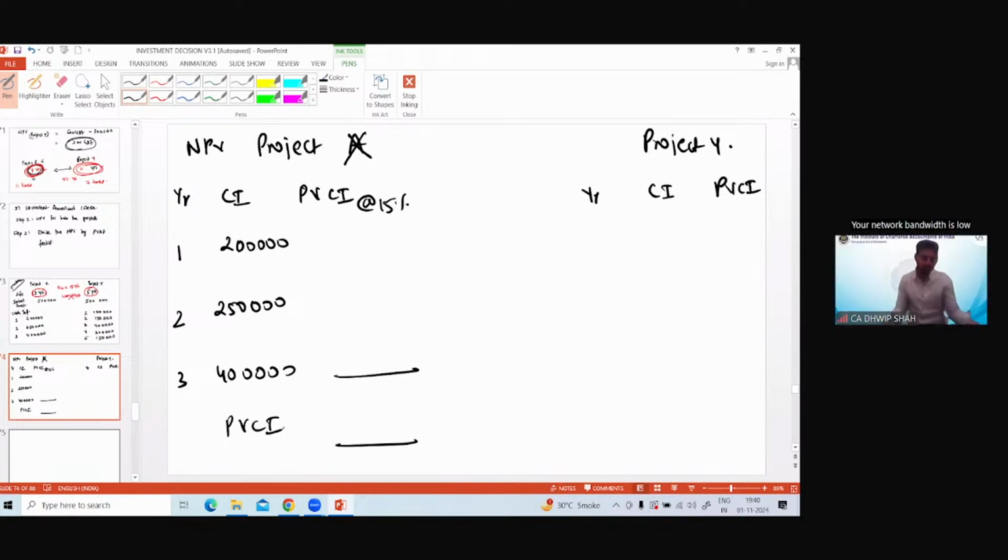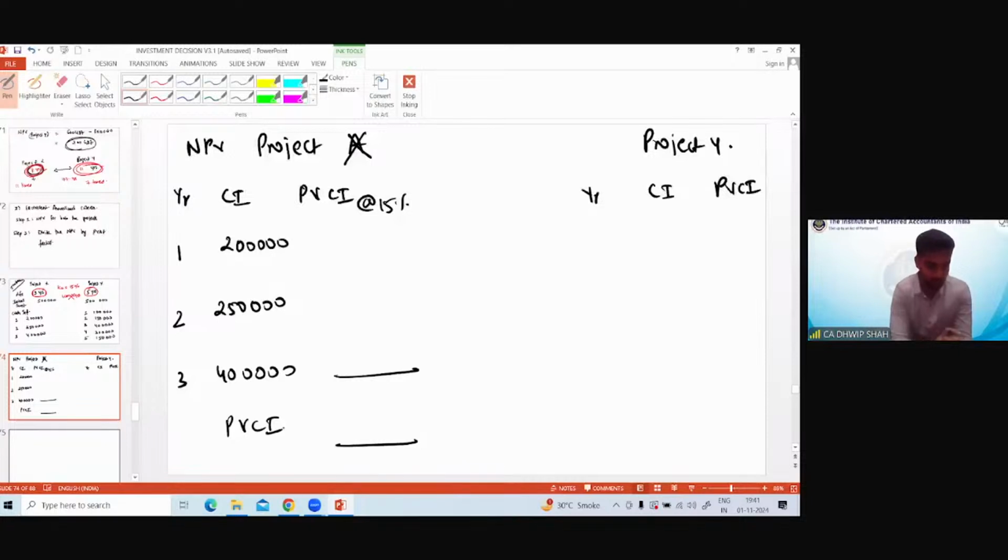Normally, just like we used to calculate. Now we are not using the replacement chain method. We are using the normal NPV method as of now. 2 lakh divided by 1.15 equal to, 1 time, plus 250 divided by 1.15 equal to, 2 times, plus 4 lakh divided by 1.15 equal to, 3 times.